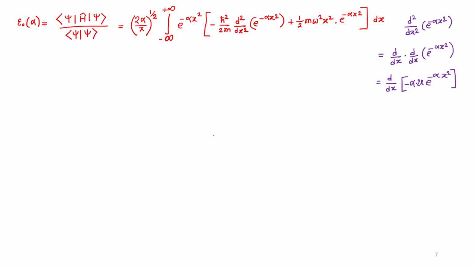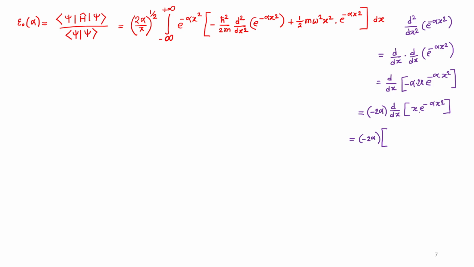Okay. So this is one step. And let me take the constant outside, that is minus 2 alpha. We are left with d by dx of x e to the power minus alpha x square. So here we have two x dependent terms.